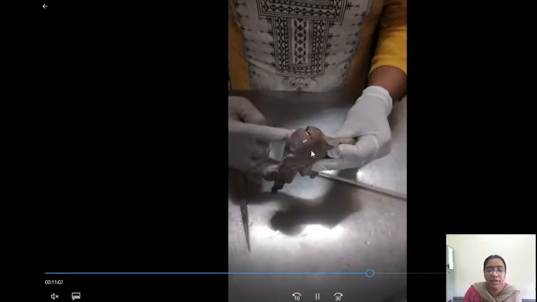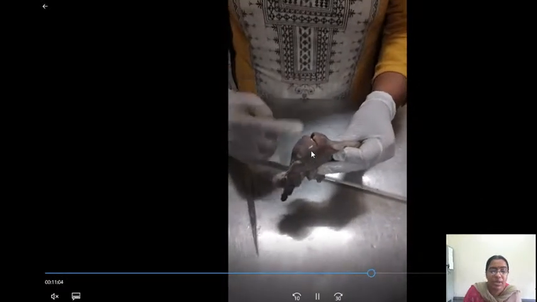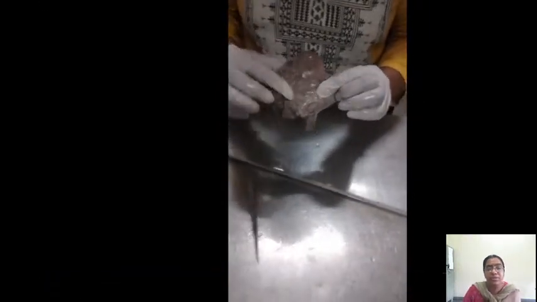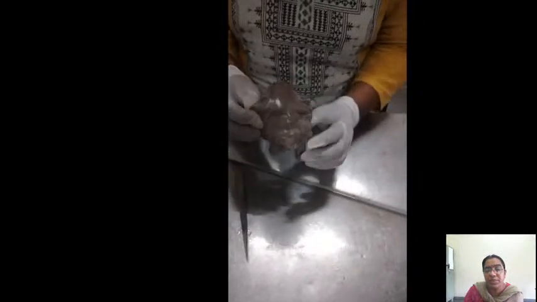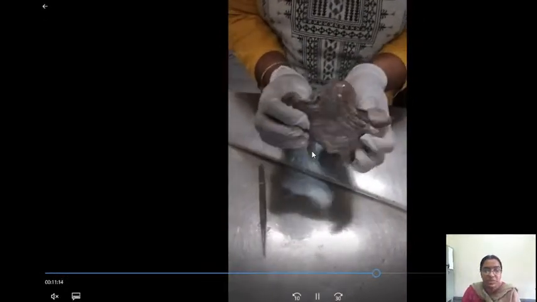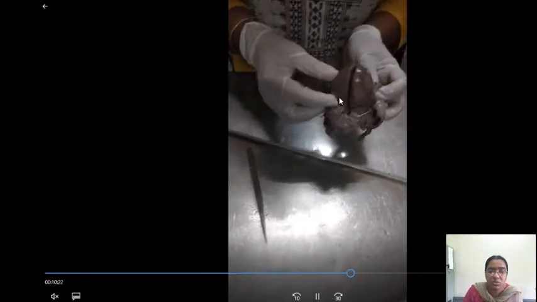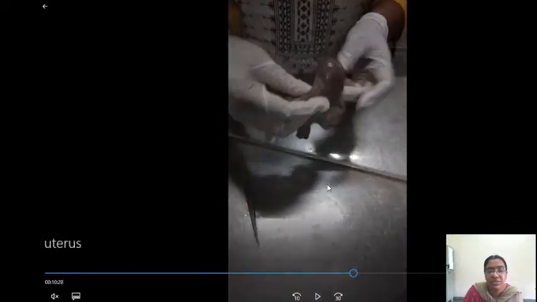The body extends up to the constricted part, which is called the isthmus. Beneath the constricted part it is called the cervix. So the body extends up to the isthmus, which is the constricted part of the uterus.